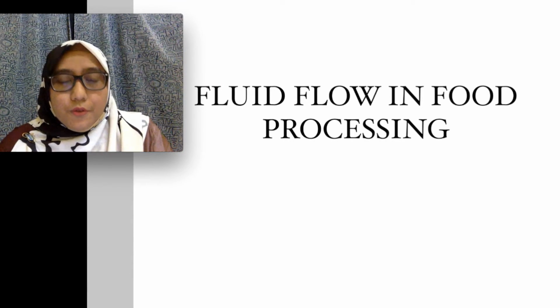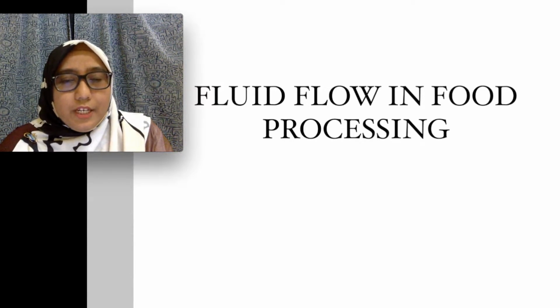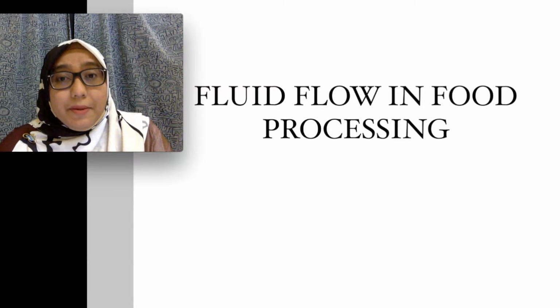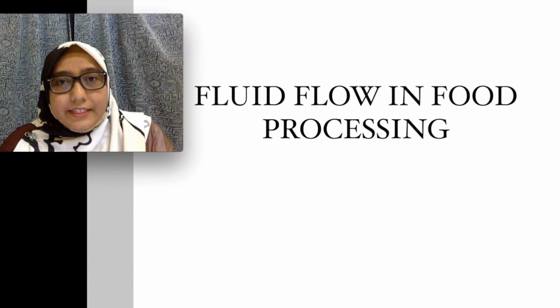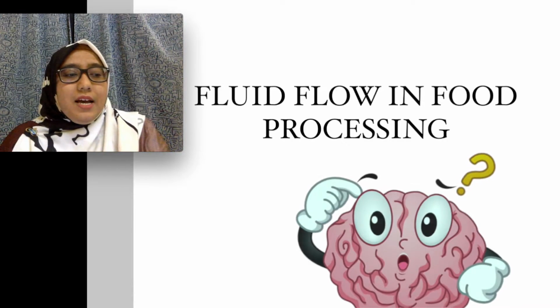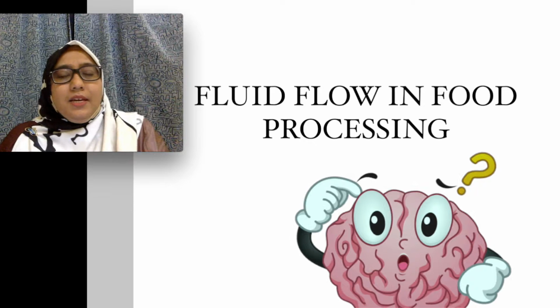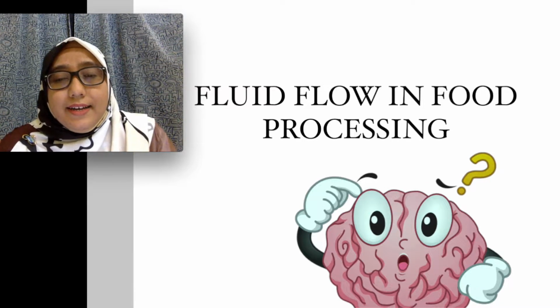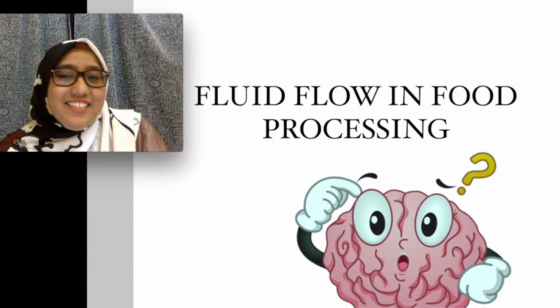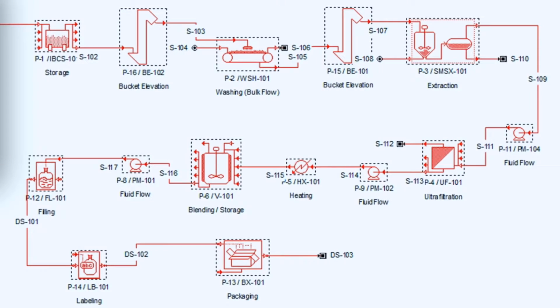So we're going to look, in short, at the pipeline system for transporting liquid food. Okay, the means that I meant is pump. Begin by looking into this simple sample of process flow diagram.